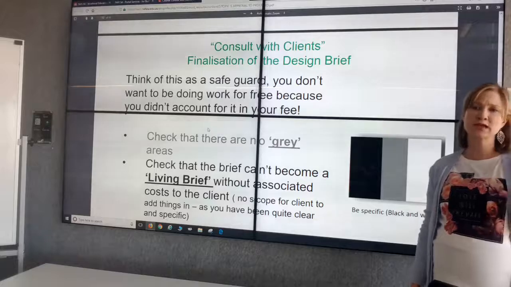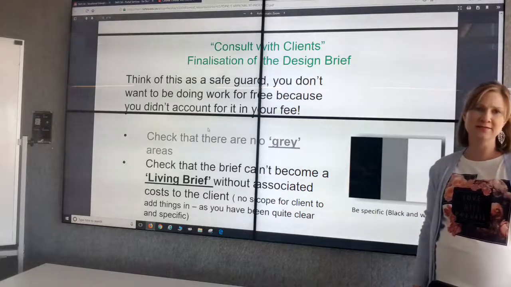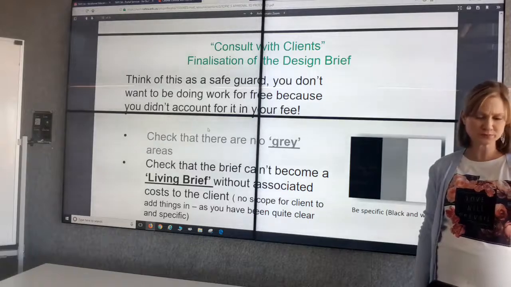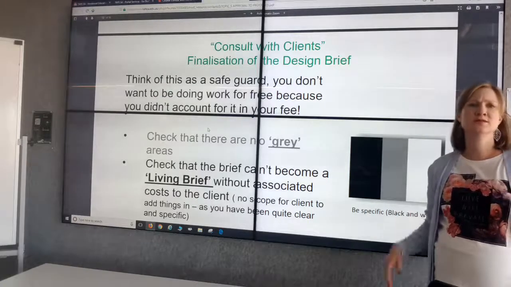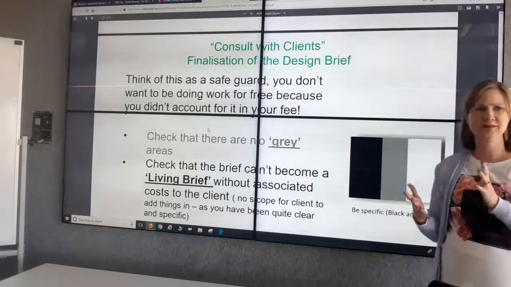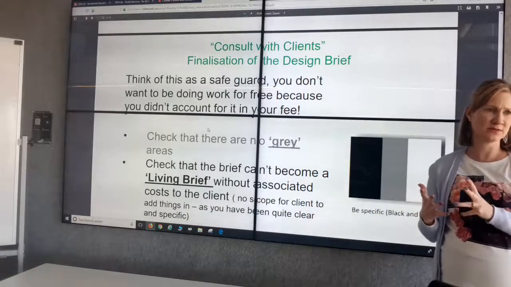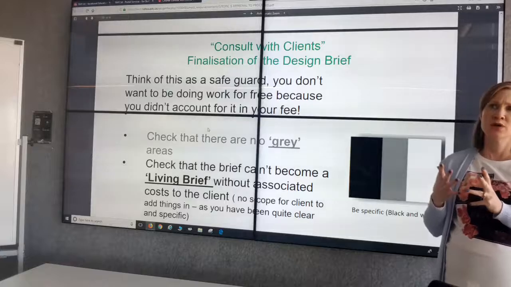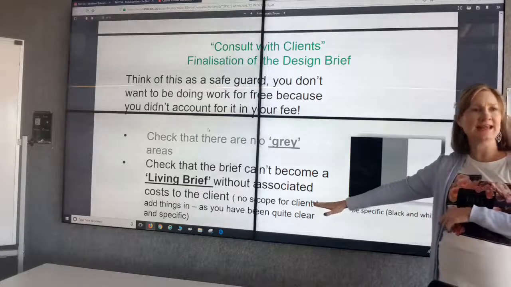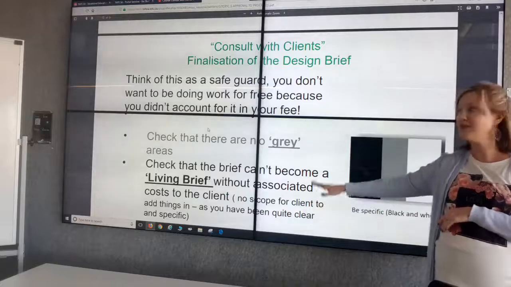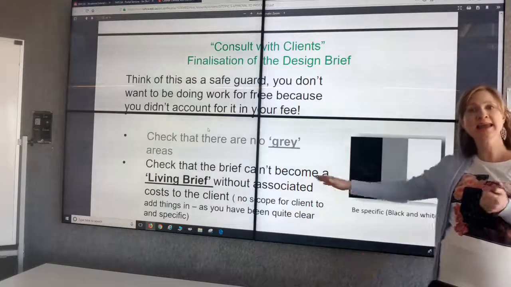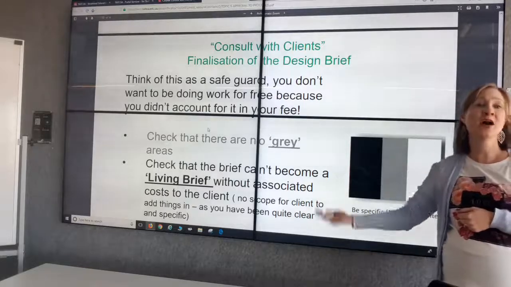So remember last week I told you about the fees, and we looked at the percentage of the budget, which is sometimes anything from 5% to about 7% on a 900,000 budget. If they bring in anything else other than what's mentioned in this document, you can say to them, I can do that, but on an hourly basis.